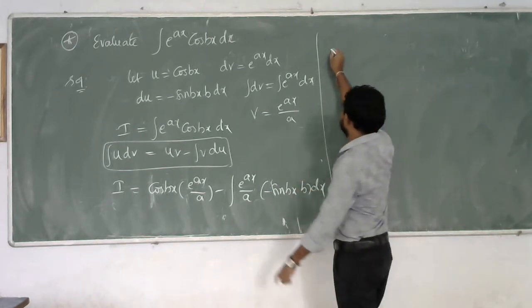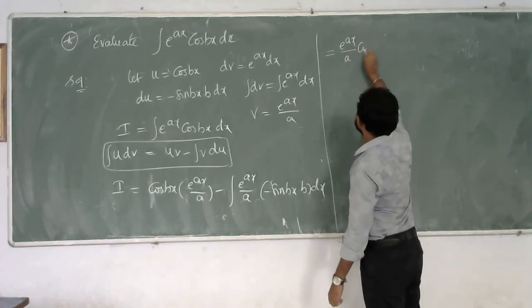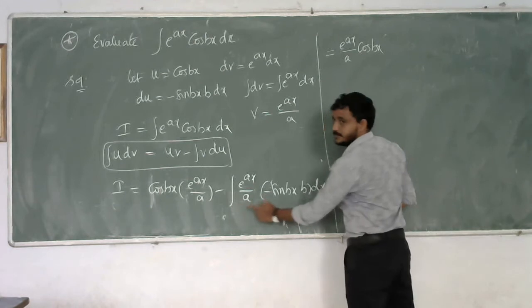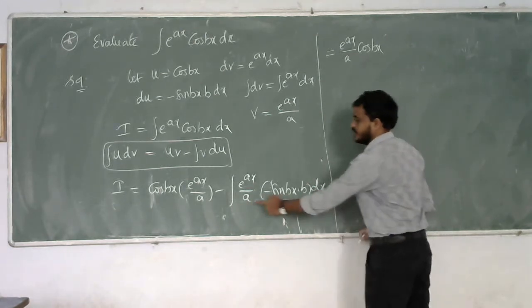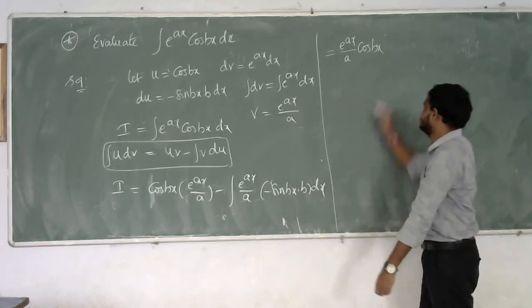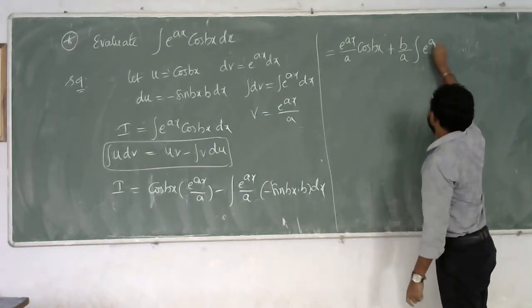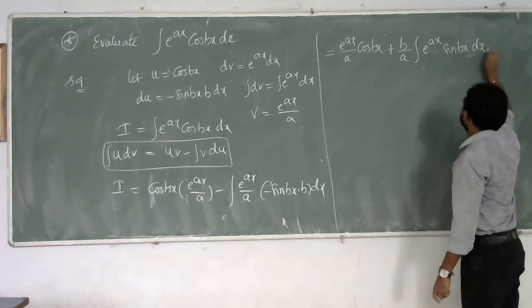Here you will get e power of ax by a cos bx. Next, here minus into minus is plus. Here b is a constant, and a is also a constant. So write the constants outside. So you will get b by a integral e power of ax into sin bx dx.